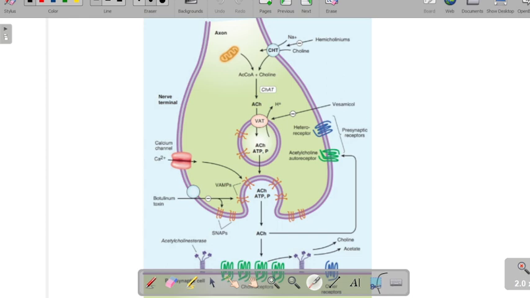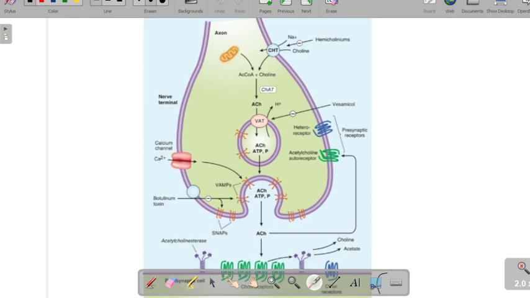In the synaptic vesicle, acid, ATP and proteoglycan are present. Now, as the calcium channel opens, there is calcium influx which leads to neurotransmitter release in the form of exocytotic vesicle. Now, this is the postsynaptic cell.